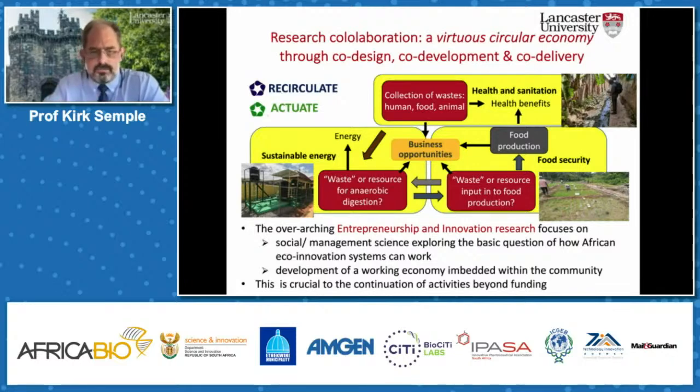Then the waste from that can be used as a sustainable alternative to protect soils and grow crops without having to rely upon unsustainable inorganic nitrogen and phosphorus-based fertilizers. All of these activities feed into business opportunity and entrepreneurial thinking, bringing social and management science to explore how we can develop this in the African context, using eco-innovation systems that actually work.